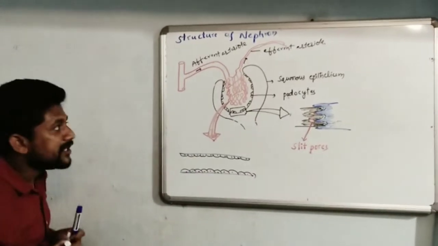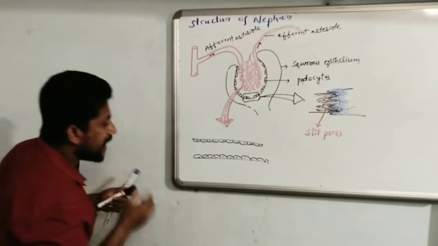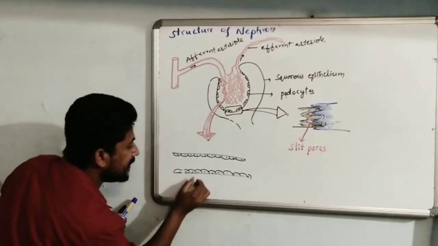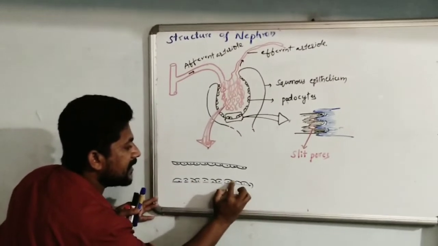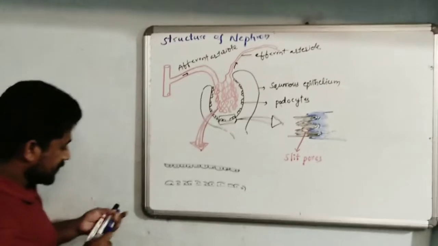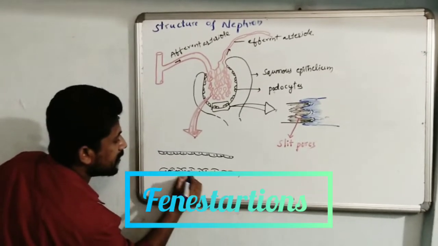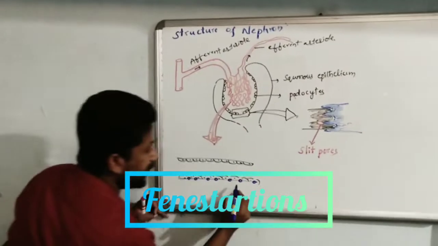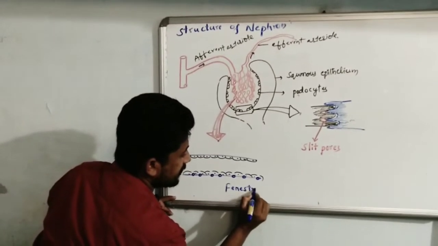But very specially, these glomerular capillaries have tiny pores in them. These minute pores are known as fenestrations.